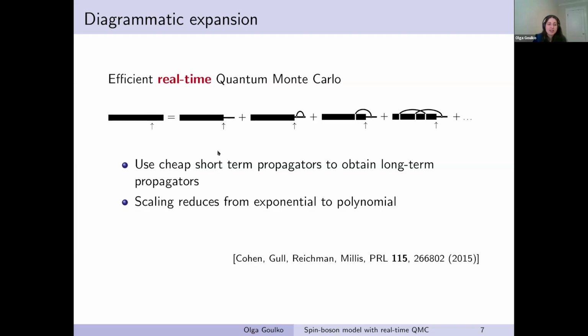And the idea is that in this way, we can recycle information from our previously computed bold propagator, and short-term extensions are much cheaper to calculate than long-term ones. And so this has been shown to reduce the scaling from exponential to polynomial.